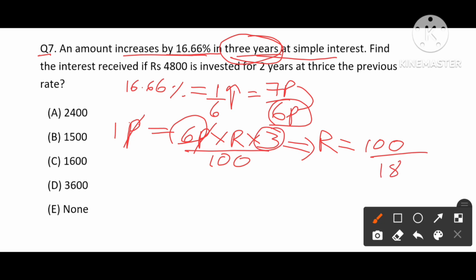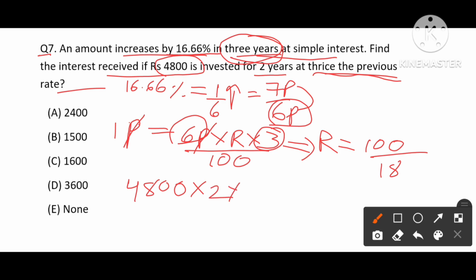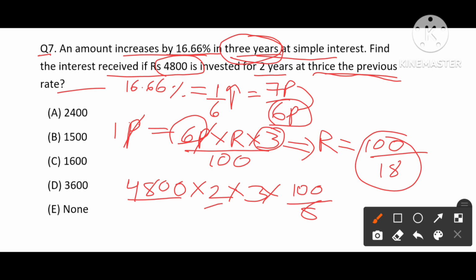Now the question asked is, if the interest received on 4800 for 2 years is at thrice the previous rate. So 4800 is the principal invested for 2 years, at thrice the previous rate. Here the rate we got is 100 divided by 18, and this is all nothing but PTR divided by 100.